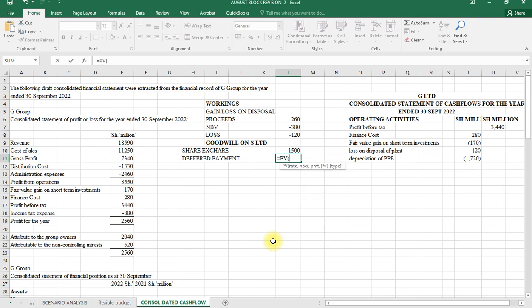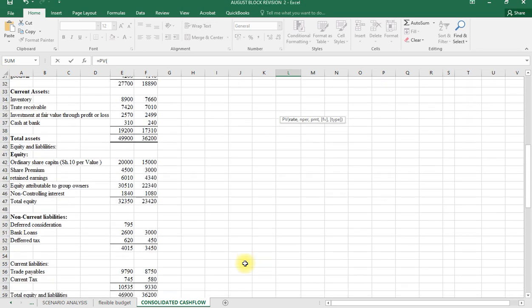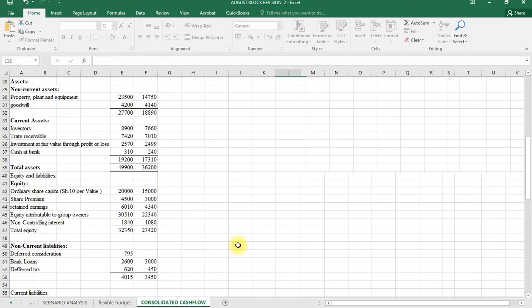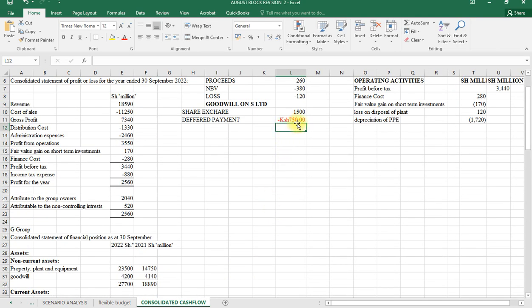PV: we need the rate, which was 8, then the number of periods, which is 1, and the payment is 810. I close the bracket and enter, which will give us the 750 here. I will change this to positive by putting a negative sign there. Remember, it is assuming payments, that's why it's negative, so it will be 750. This is the deferred payment.